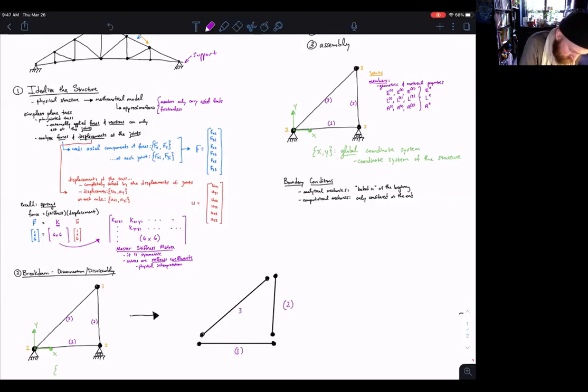So we forget about the supports. For the moment, we forget about the supports. That's where this remark about these boundary conditions comes in, because the supports are really telling you, how am I restricting displacements, or in more complicated terms, displacements and slopes? How am I restricting displacements of this structure?